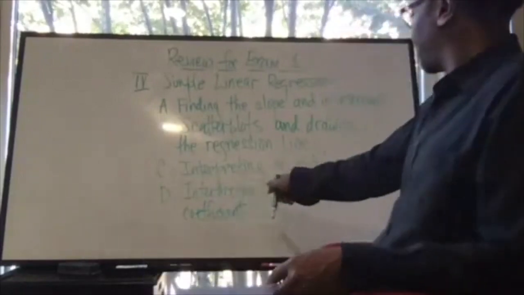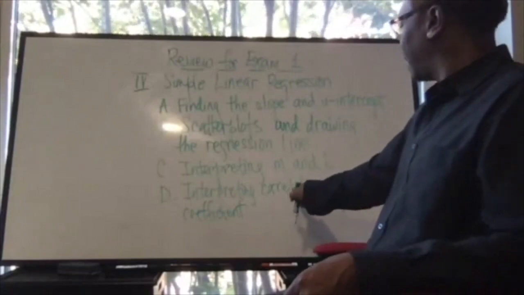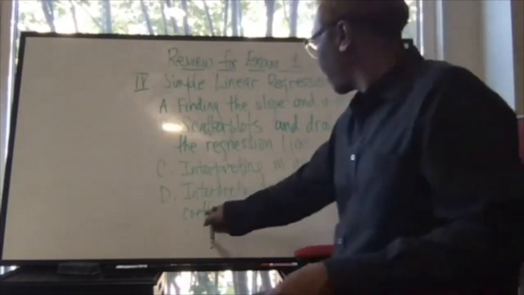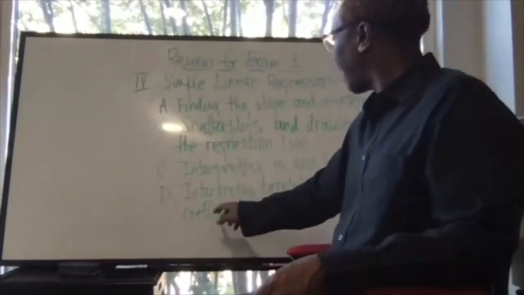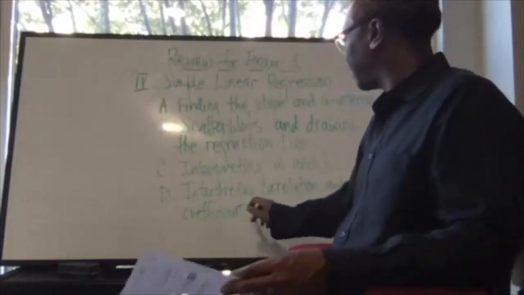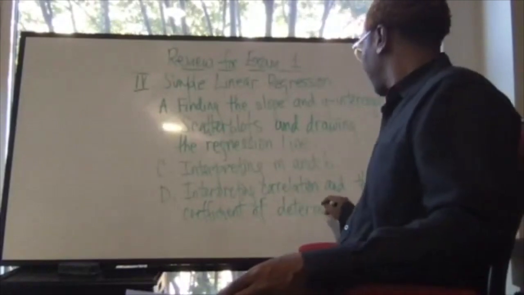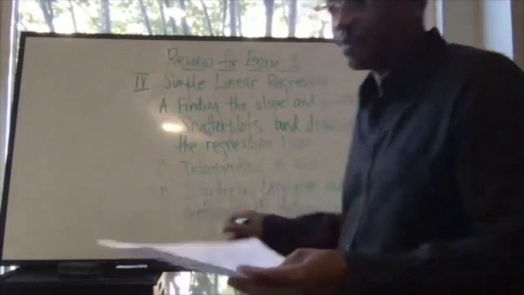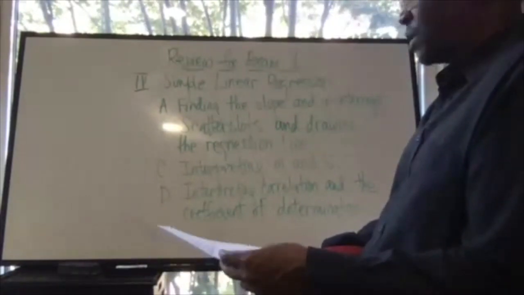So this says interpreting correlation and the coefficient of determination. That's the last thing we need to do today. So don't worry if you don't understand D yet. We're going to do that today.